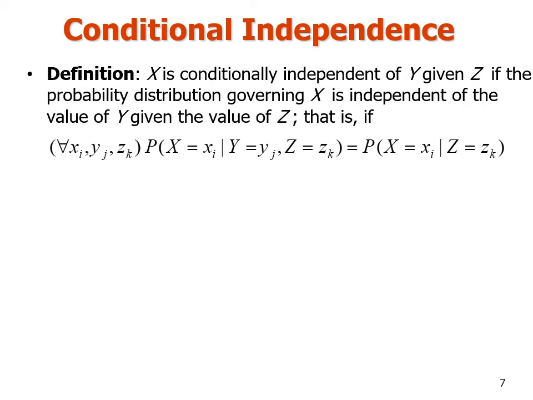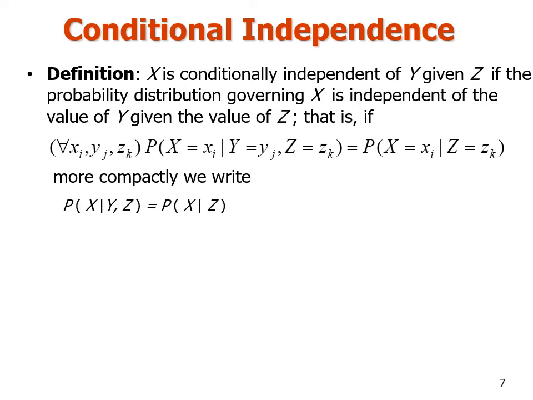That means x is conditionally independent of y given z. We can write the same expression more compactly, like probability of x given y, z is equal to probability of x given z.